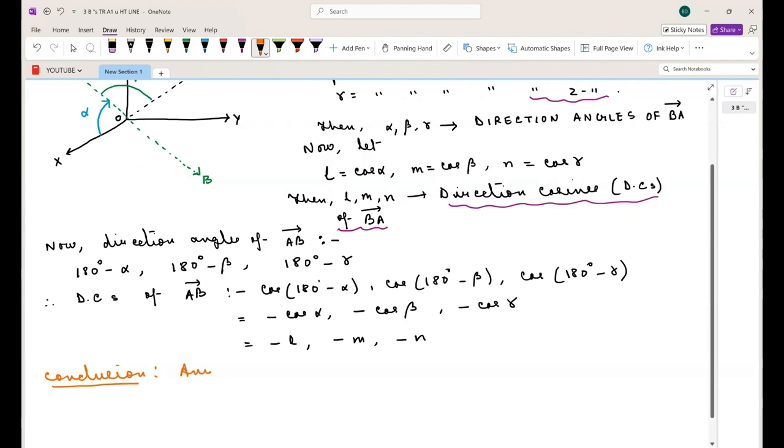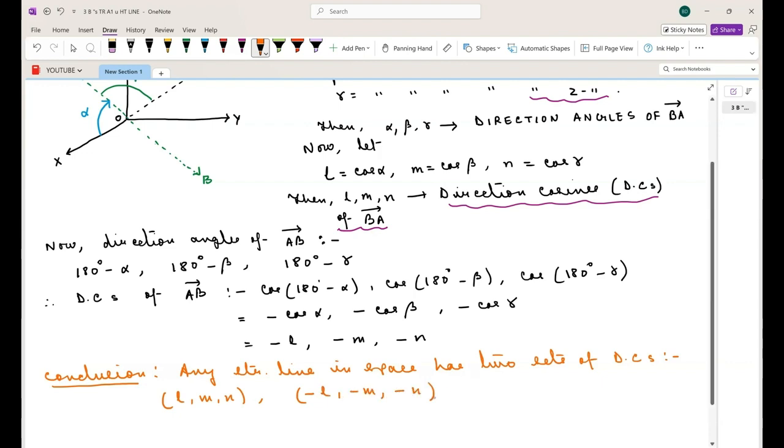Any straight line in space has two sets of DCs. If one set is called L, M, N, then the other will be minus L, minus M, minus N. Okay.